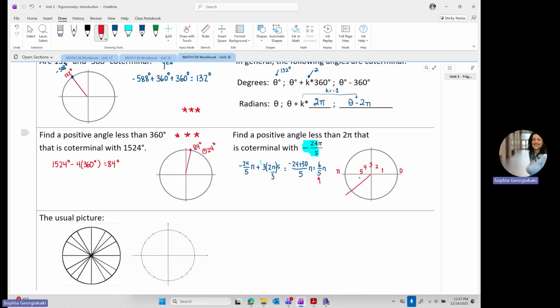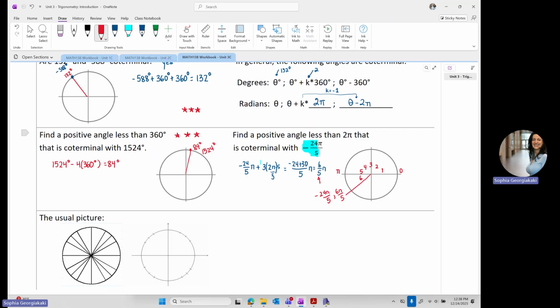So I need 1 more fifth, 6 pi fifths, and here it is. And this is also the location of negative 24 pi fifths. Don't set them equal to each other. They are not equal to each other. They are coterminal, which means as you rotate around the circle, you come by the same spot multiple times.